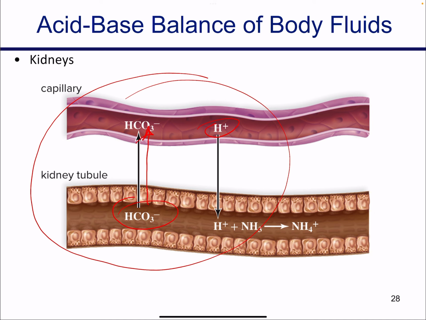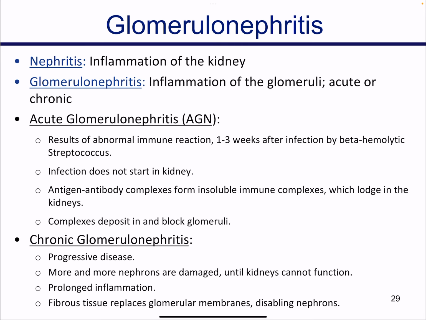And hydrogen ions leaving the blood capillaries to go in the kidney tubules. And this presence of hydrogen ions in the tubules is going to cause hydrogen ions to be in presence of NH3. That NH3 now combined with hydrogen ion is going to form ammonia. That ammonia is what is found in the urine.